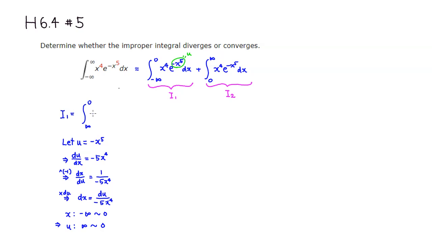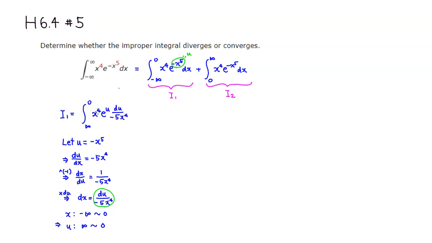Seems like it's going backward, but that's okay. Then you have x to the fourth, which I'm going to leave as it is, and e to the exponent, which is now u. Then dx is equivalent to du over negative 5x to the fourth power.